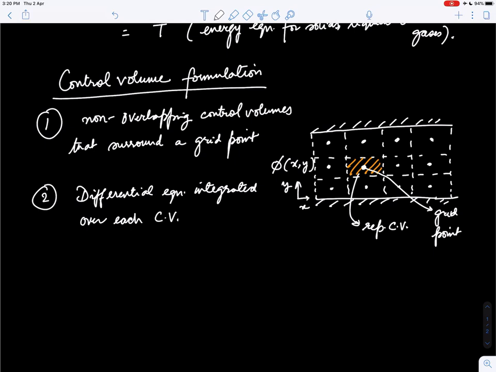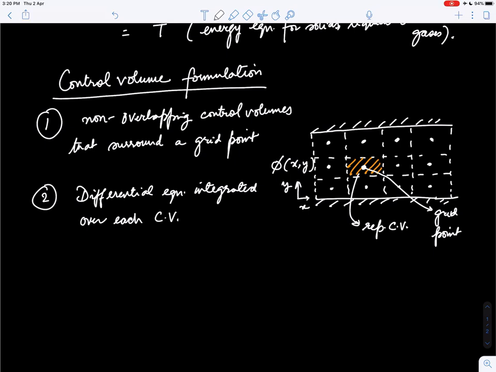In doing this integration in each of these smaller volumes, we'll need to make some assumptions. I will not go into details of those assumptions right now. We'll come to it at a later point.